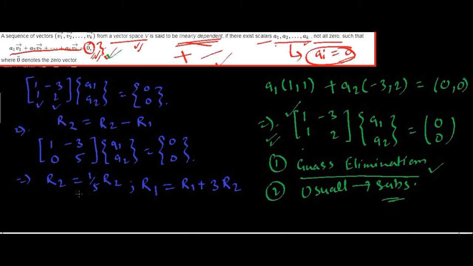We'll add this row to this row after multiplying this row by 3. After that it will become 1, this will become 0, this will become 0, this is already 1.